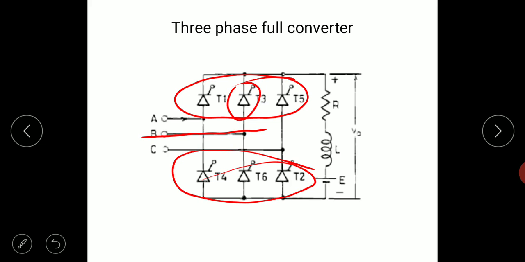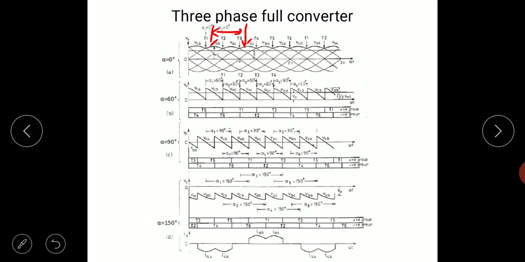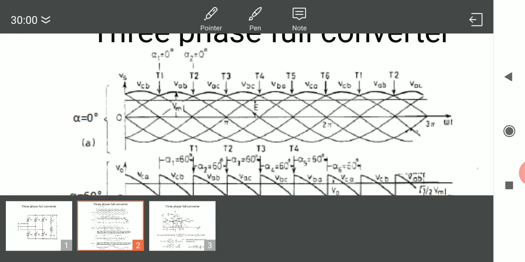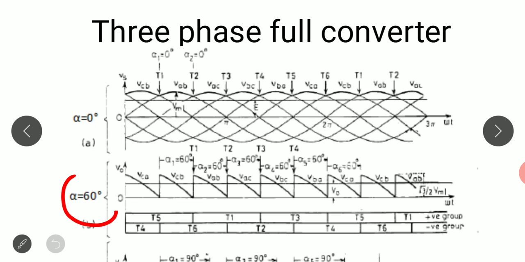Now let us analyze our output voltage waveform for firing angle alpha is equal to 60 degree. If alpha is kept 60 degree, that means T1 will not be triggered at this instant, but it will be triggered after a delay of 60 degree.